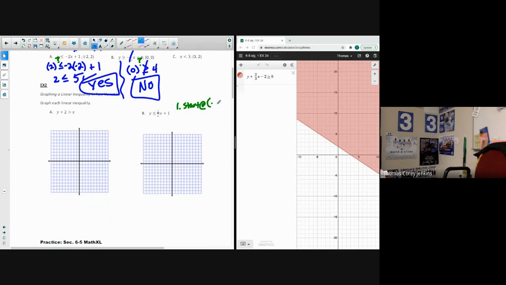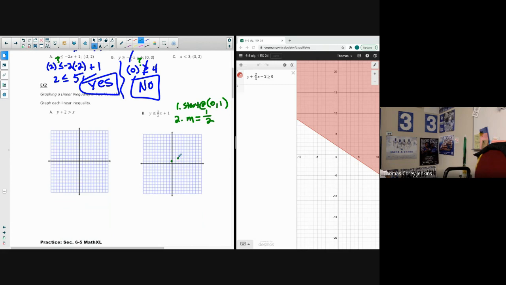So start at 0, 1. And then from there, we'll use that the slope is 1 over 2. Rise over run, so we go up 2, right 1.